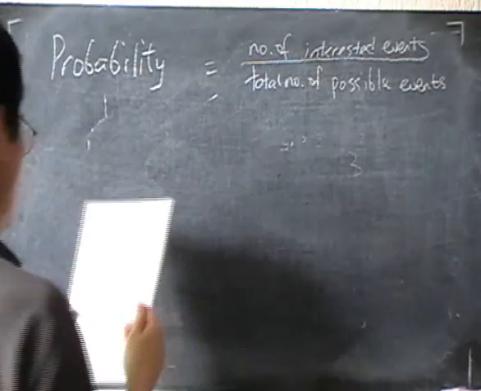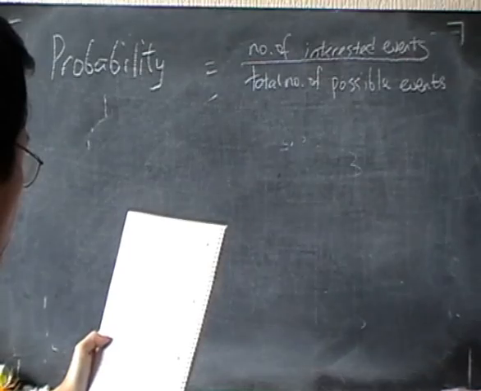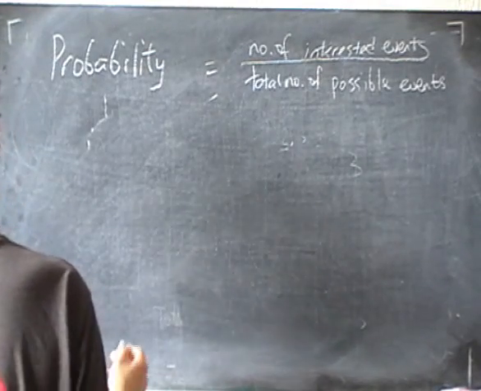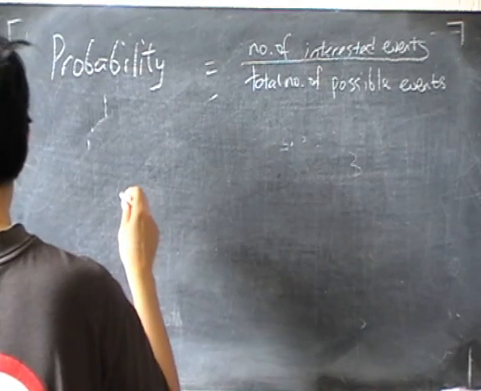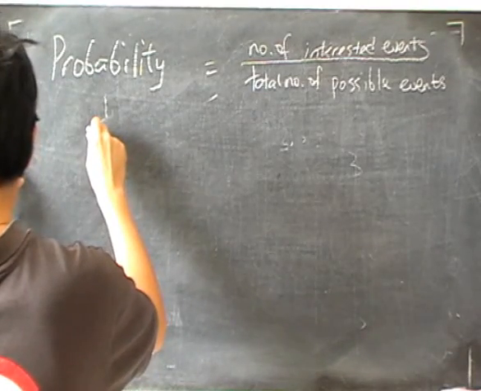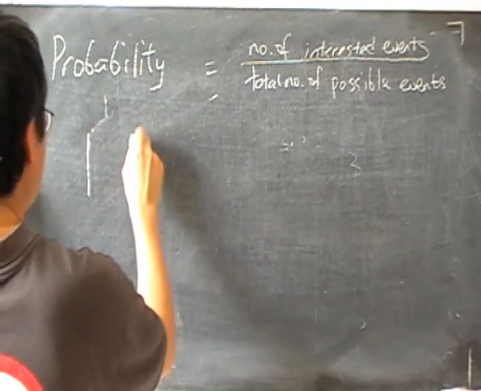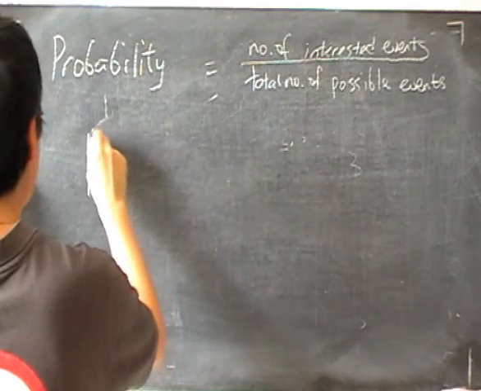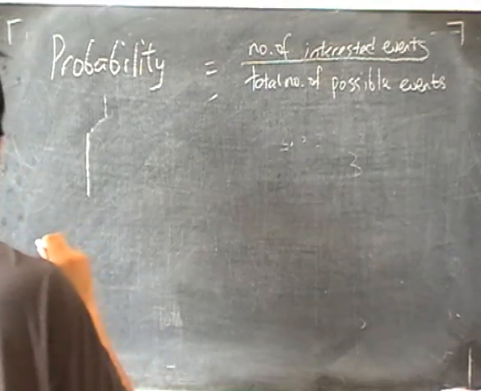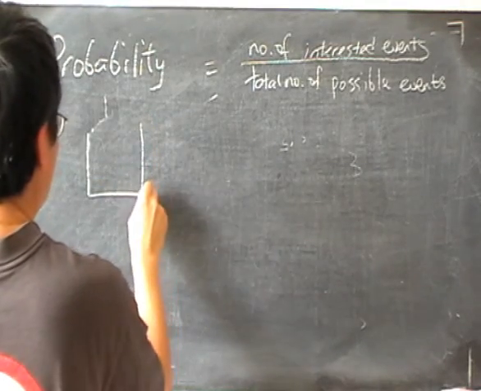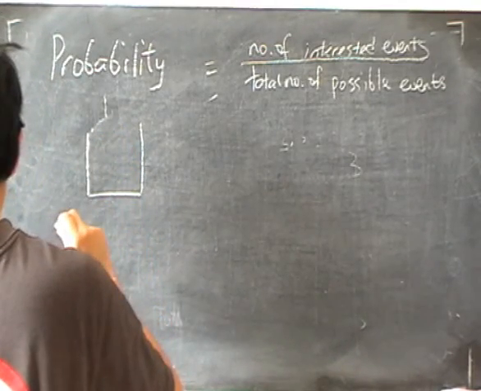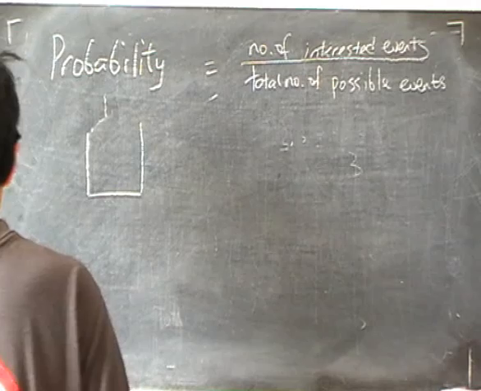So, for example, let's say I have an example with a box with a number of balls.